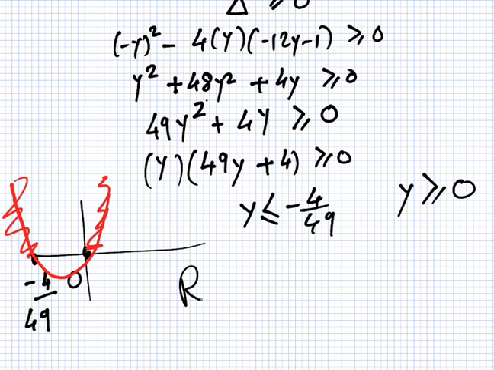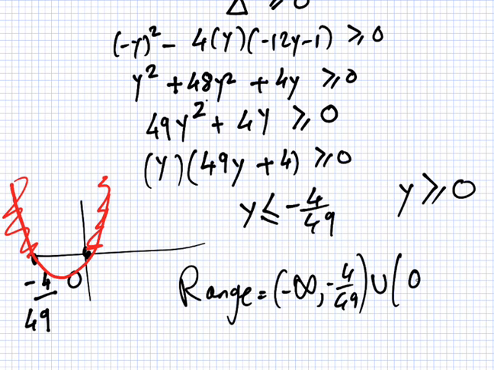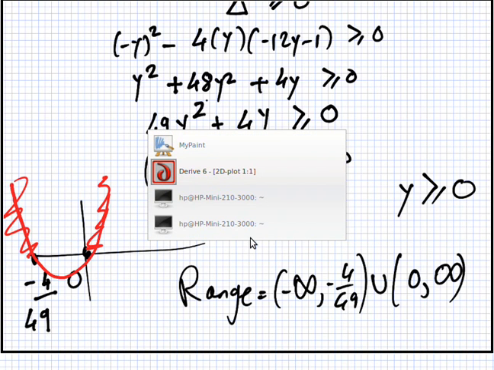So it looks like the range is minus infinity to minus 4 over 49, and then 0 to infinity. Although remember, something feels bad.